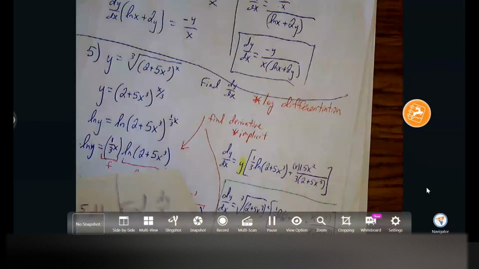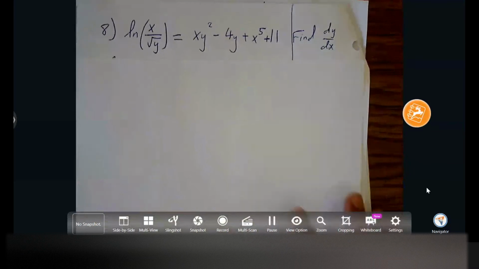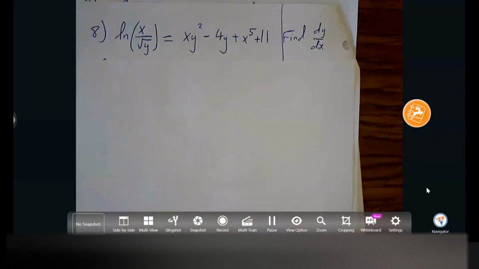It's not on the sheet, so you may have to write this down here. Okay, so there's quite a bit going on here. What do you guys see? Implicit? Yep, definitely implicit.